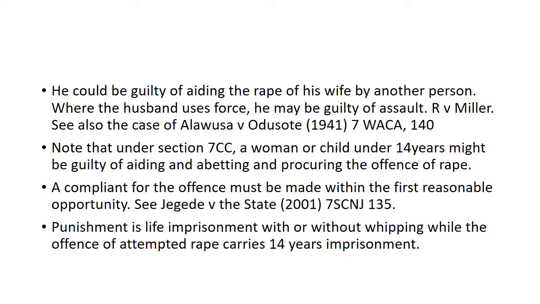This is because at that time there could still be evidence, either wounds around the private part of the woman, and things like that, to establish that it was actually committed. It is also important for us to note that rape is life imprisonment with or without whipping, while the offense of attempted rape carries 14 years imprisonment.